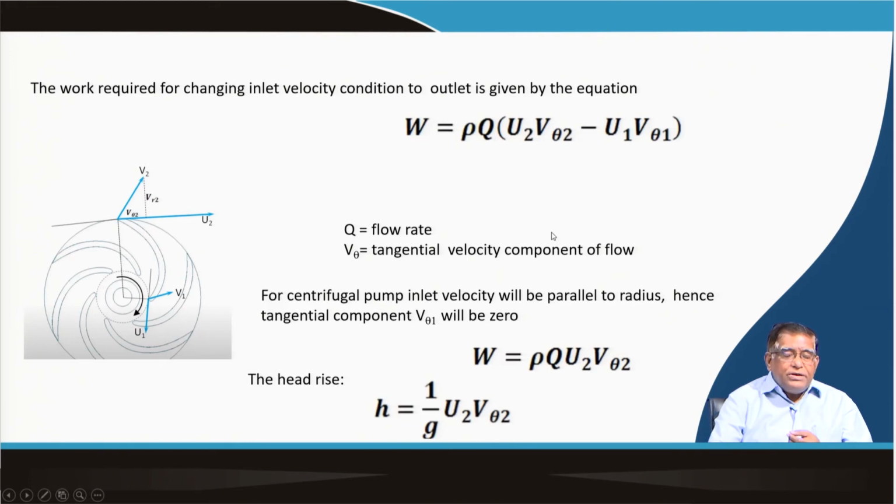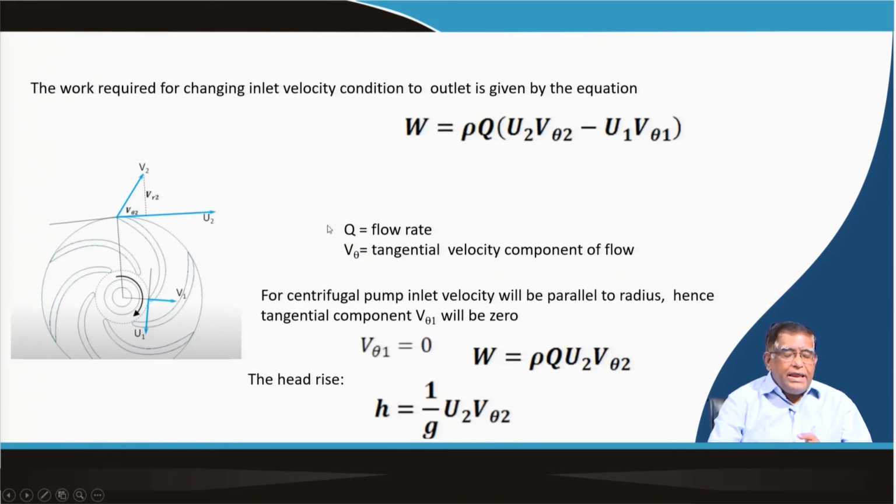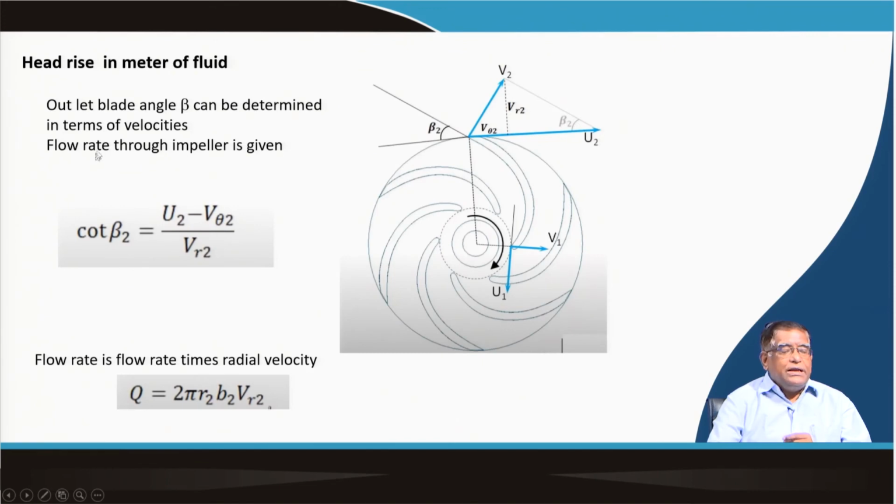Now, this shows how, because in a centrifugal pump the inlet velocity is parallel to the radius, this tangential component V theta becomes 0, and then you can calculate how much the outlet head will be in a meter of fluid. If the outlet blade angle is given, this will determine exactly what the flow rate will be.